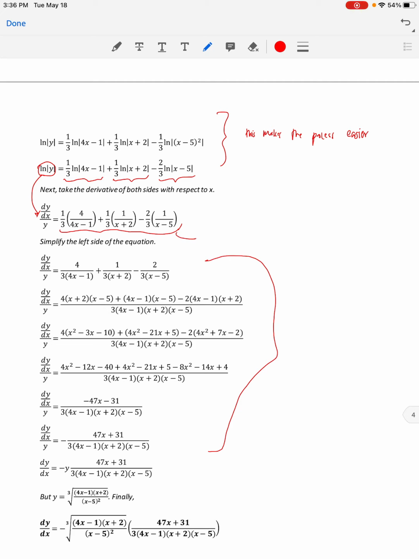But simplification, it's a part of every mathematics course. So it's just a matter of kanang naka-LCD siya. So medyo lengthy jud ang process.